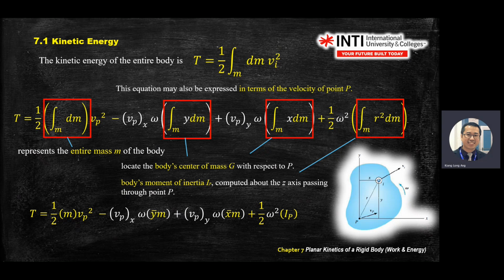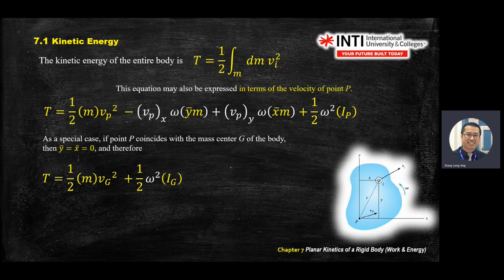Energy, you will create energy, half omega squared I. This is the energy equation for rigid body. Then this one, you also need to try to understand what is the format for center of mass that creates energy. Okay. All right.